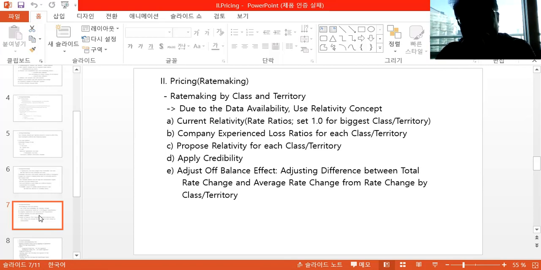The off-balance effect is like adjusting the difference between the total rate change and the average rate change from the rate changes by class and territories. Because you also apply credibility, the rate from the class and territory cannot be the same as the total rate change. So we have to make that adjustment.